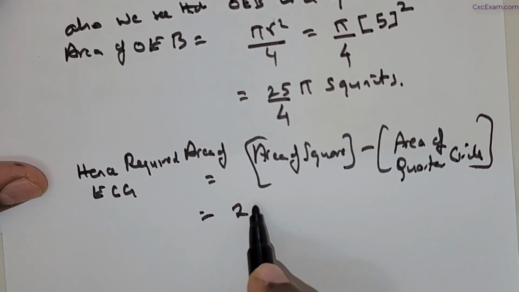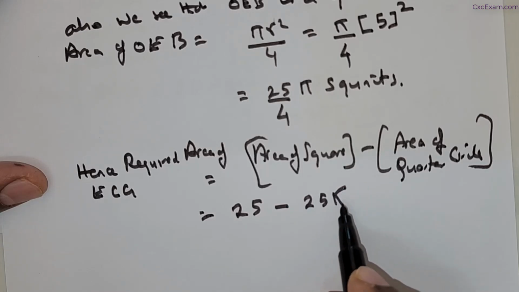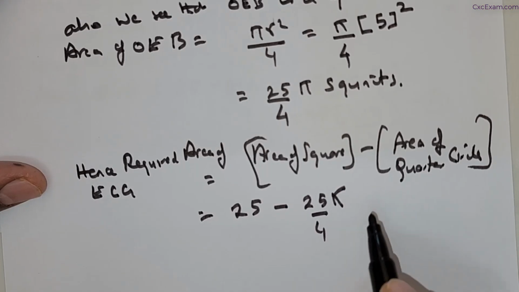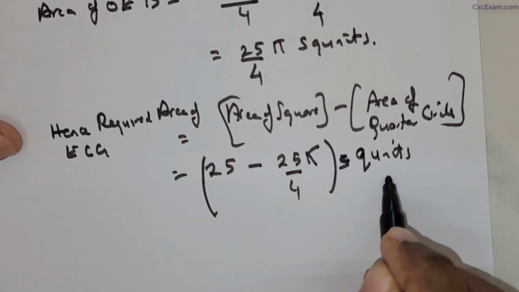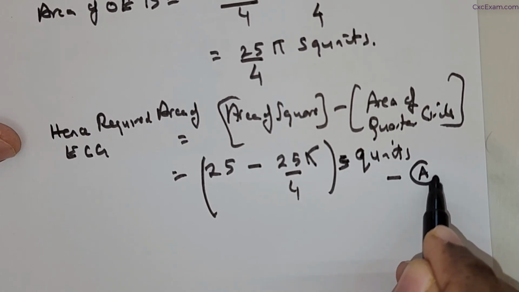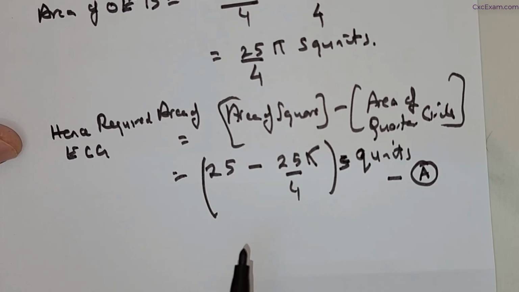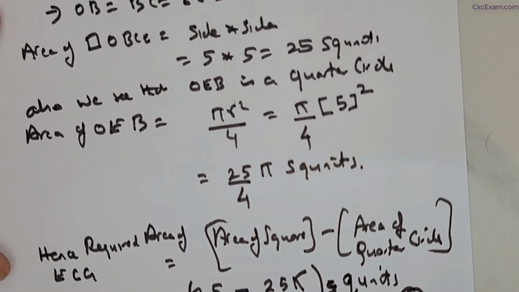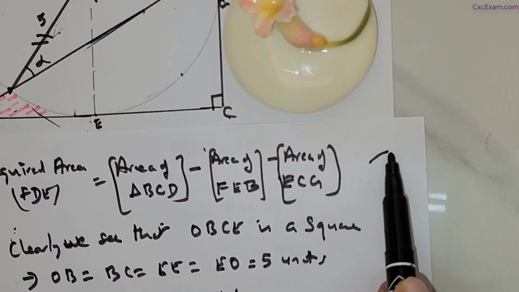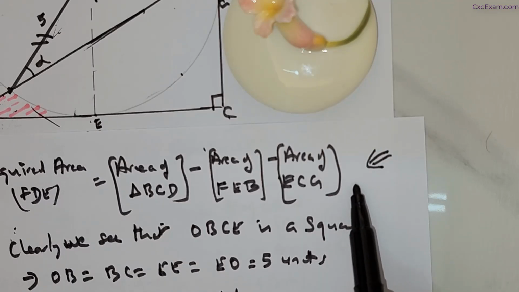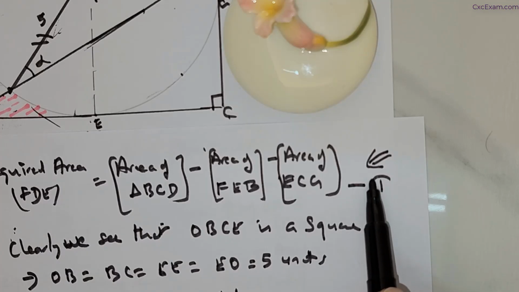So area of square is 25 square units, quarter circle is 25 pi over 4. Okay, and I will name it as A, because we would have to put this ECG right over here. Okay, so let me take this as say 1.